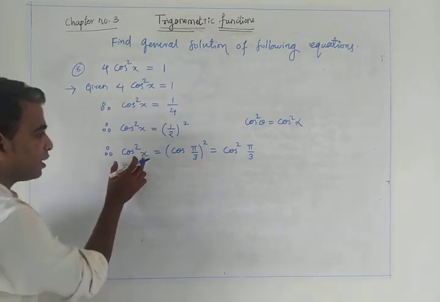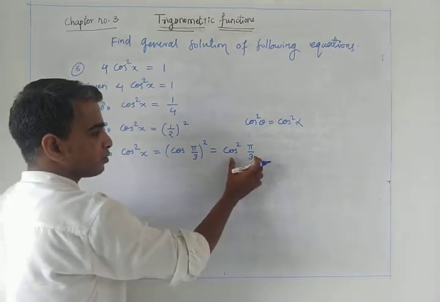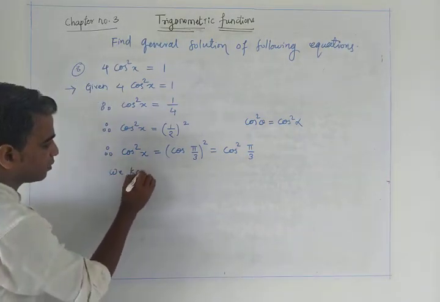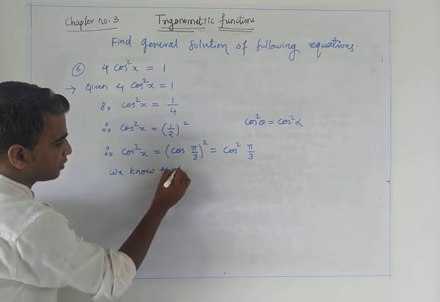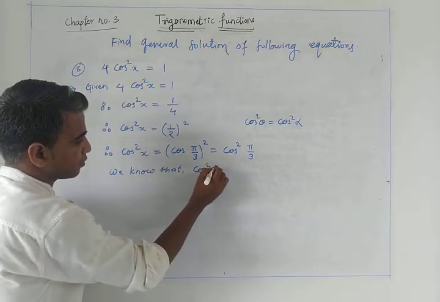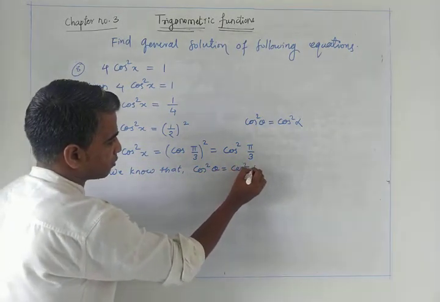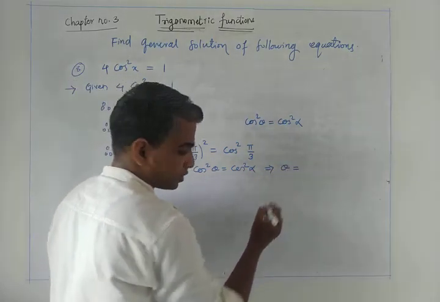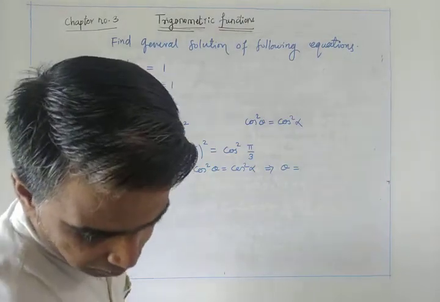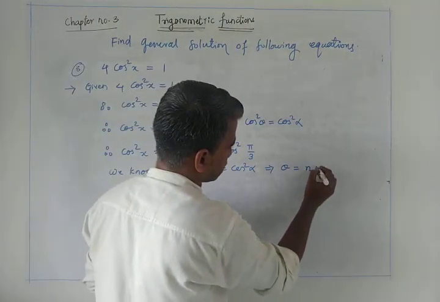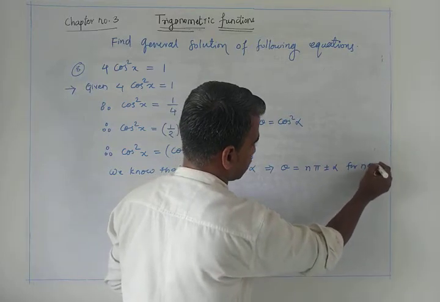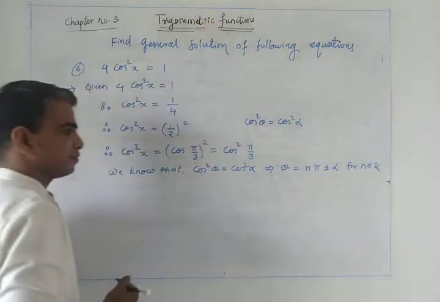Okay, so now we got that cos square theta is equal to cos square alpha. So we are going to use the formula. We know that cos square theta is equal to cos square alpha implies theta is equal to n pi plus minus alpha for n belong to z.